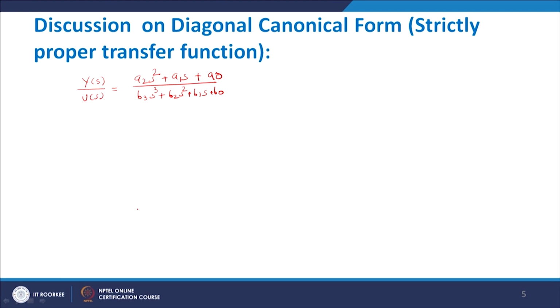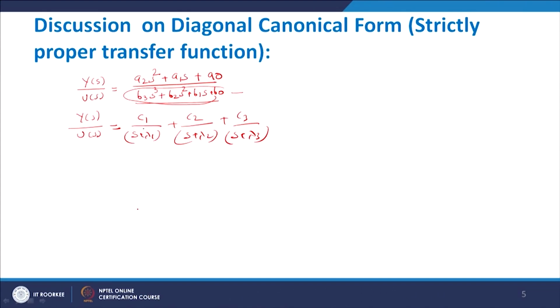Here we assume that the eigenvalues or roots of this are distinct, different eigenvalues. Therefore, we will write this transfer function as Y(s) by U(s) equal to C1 upon s plus lambda 1, plus C2 upon s plus lambda 2, and C3 upon s plus lambda 3.